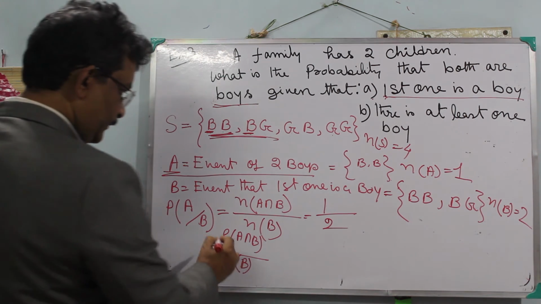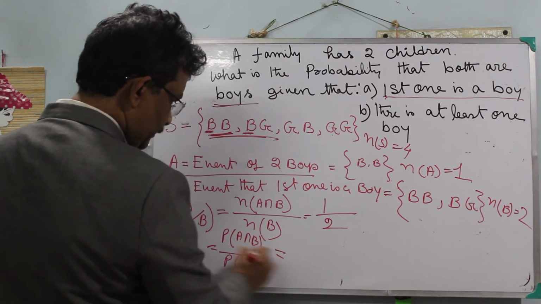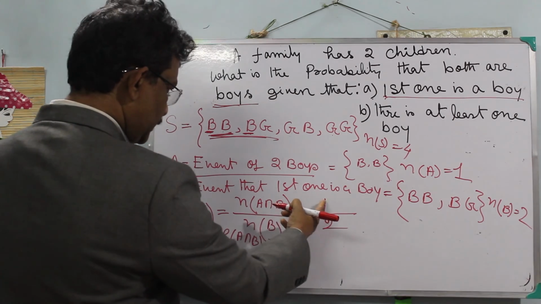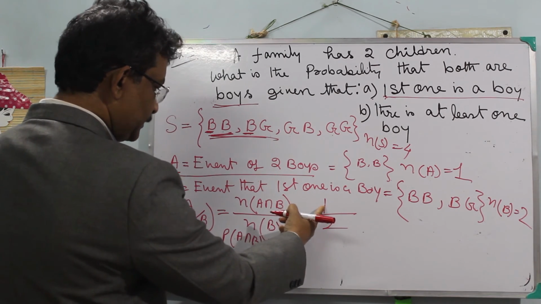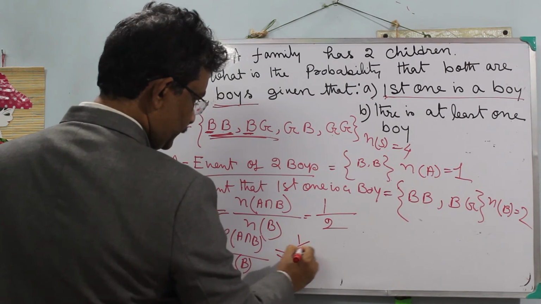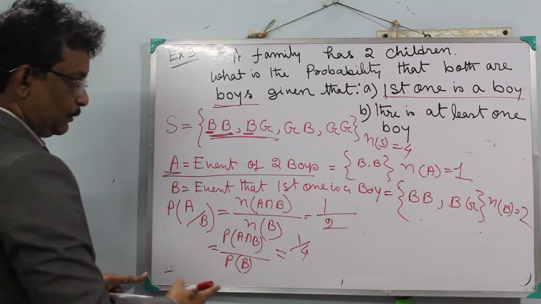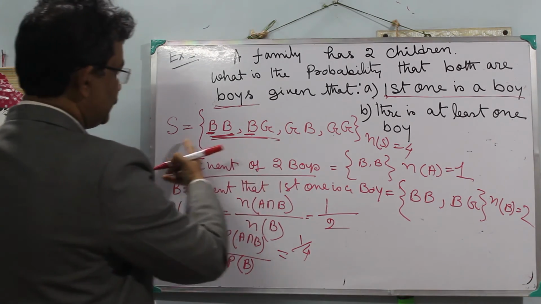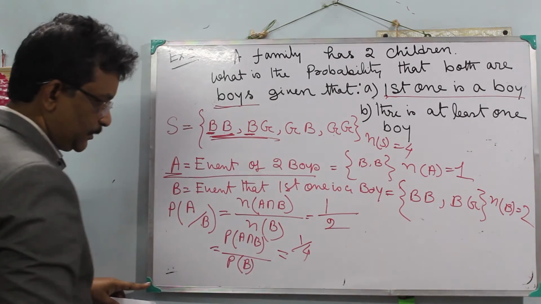Okay, and if you take this formula, what is the probability of A intersection B? 1 is the number of A divided by the sample space number 4. So 1 by 4. 1 is the intersection, divided by the number of elements of the sample space.